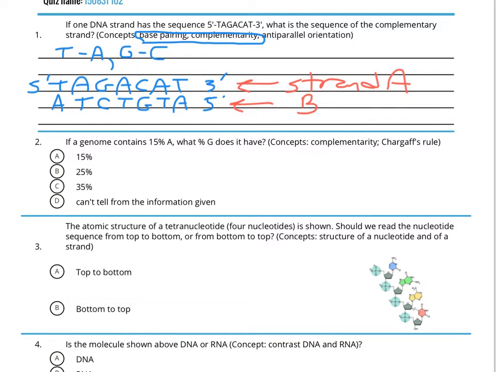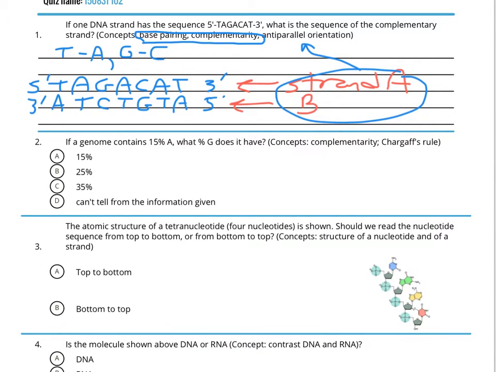And likewise, the 5' end of the top strand is base paired with this T and this A are base paired together. The 5' end is next to a 3' end. That makes these two strands having anti-parallel orientation.